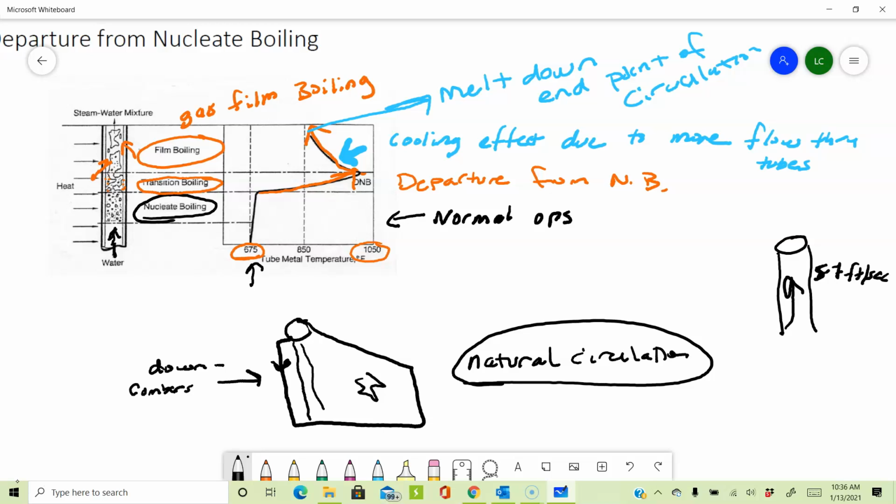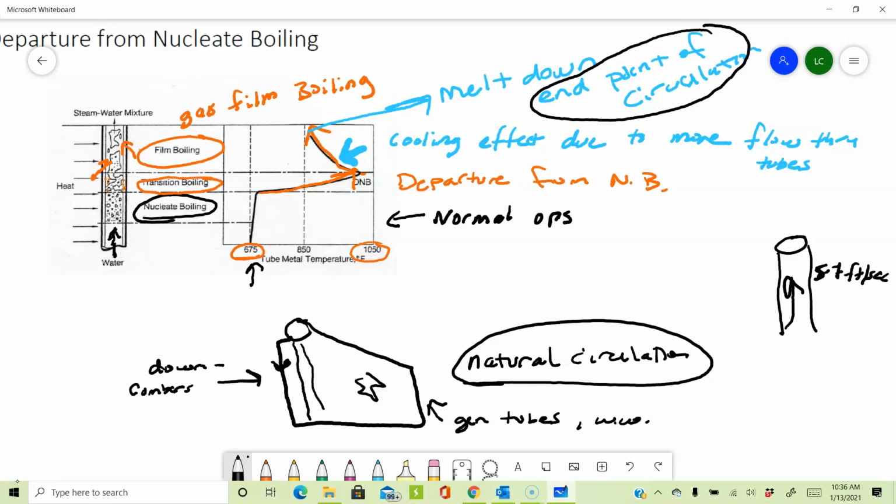If you didn't have these downcomers, you're more susceptible to this end point of circulation, because your generating tubes would be in so much demand if you started putting too much fuel to your boiler that your water wall tubes would actually start acting all as generating tubes, and then your cooling effect in your boiler furnace would be less, so it would just kind of be a cascading effect.